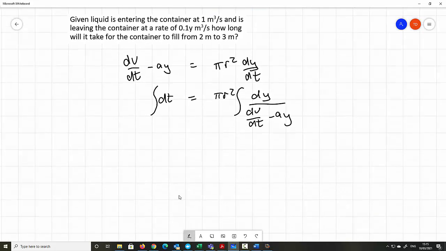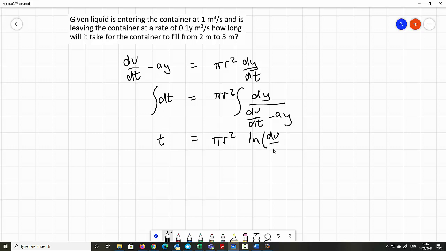So t will be the result of this integral, and on the right hand side we're going to get pi r squared, and the integral here is going to give us the natural log of dv by dt minus ay, divided by minus a, and we're going to integrate that from a depth of 2 meters to a depth of 3 meters.